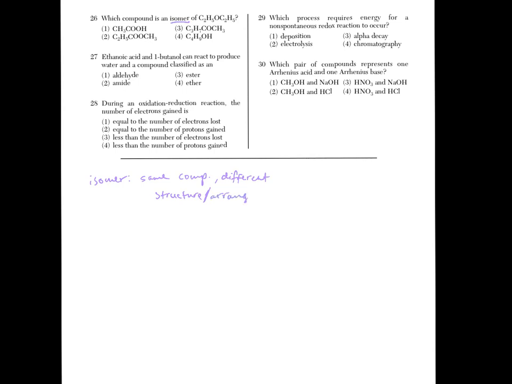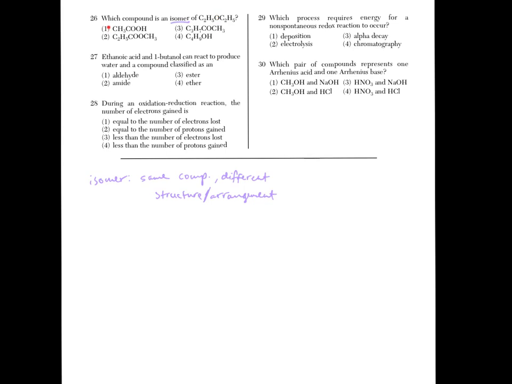So we're looking at which one has essentially the same number of atoms in its formula, just rearranged differently, as you can see in the different order of the atoms in the formula. So ultimately we're looking for a formula that has 4 carbons, 10 hydrogens, and 1 oxygen.